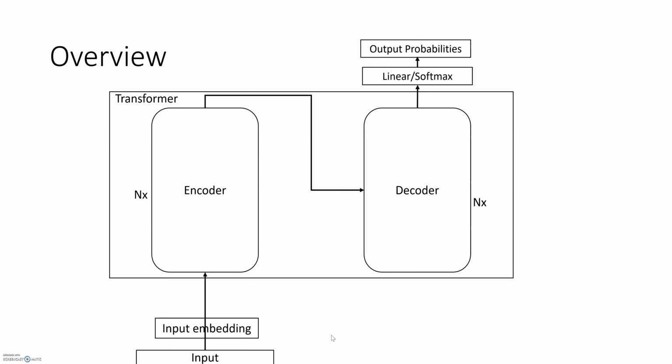Before we move deeper into understanding what is inside this encoder and decoder, another important piece is positional encoding. You might remember from one of the previous videos, when we studied the scaled dot product attention and multi-head attention, we saw that when we do the attention, we look at all of the input at once.